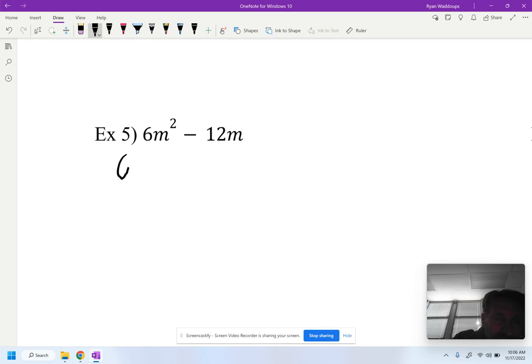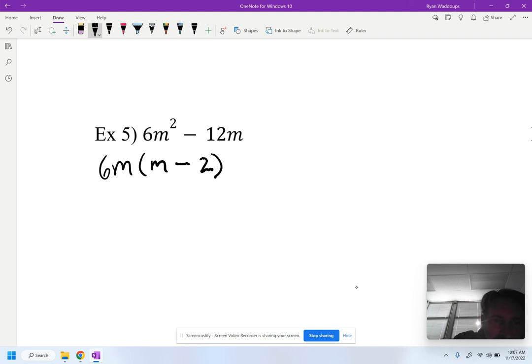So I factor out the 6, and I get 6 times m squared minus 2. Oh, I'm sorry. Not only do they have a 6 in common, but they both also have m's. So I can take a 6 and an m out, and that leaves m here, and then minus 2. And that's it. That's as far as we can go.